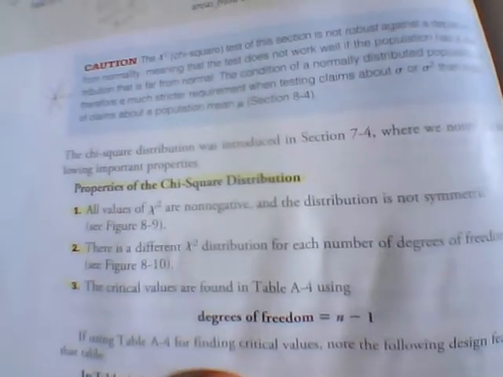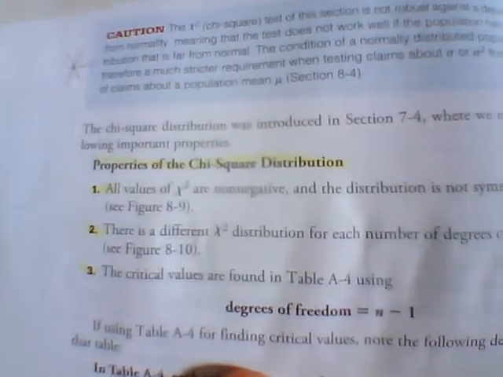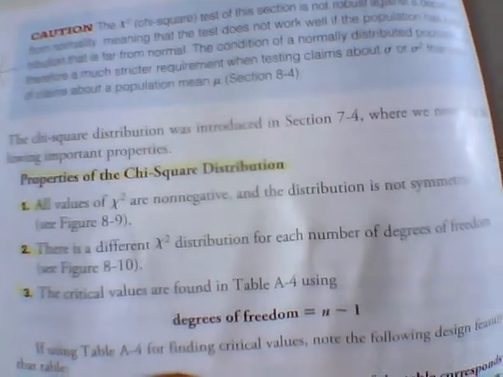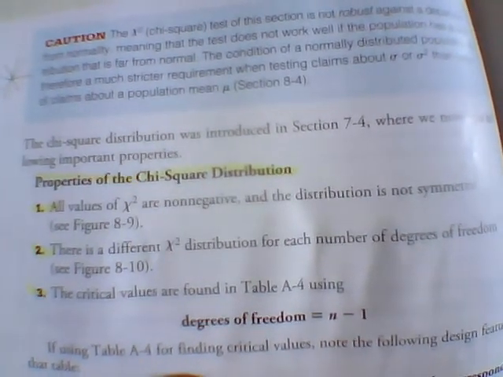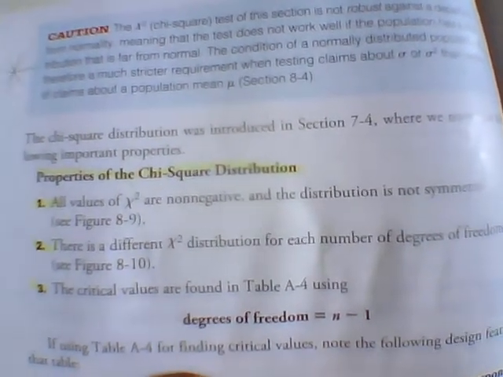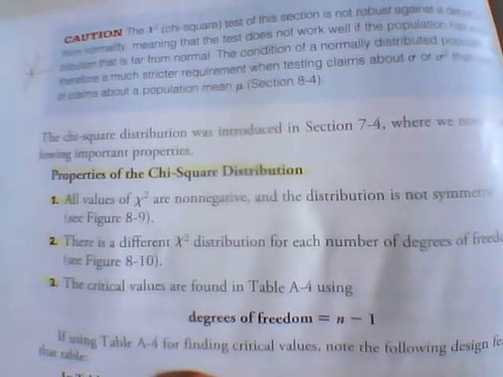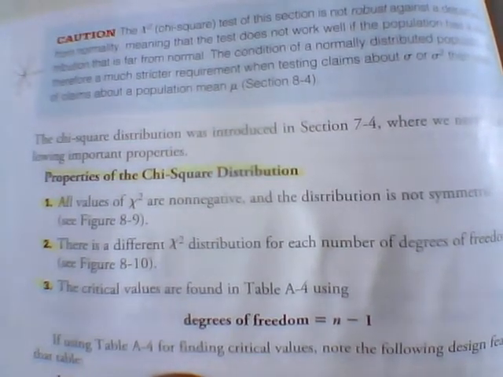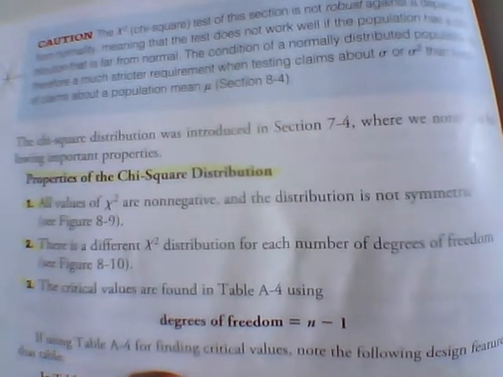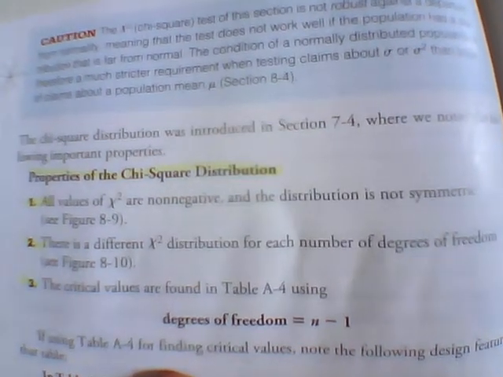So basically there are a couple of steps as we go through. All values of chi-squared are non-negative and the distribution is not symmetric. There is a different chi-squared distribution for each number of degrees of freedom.